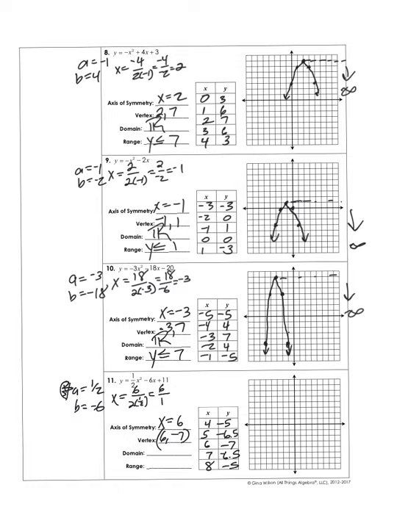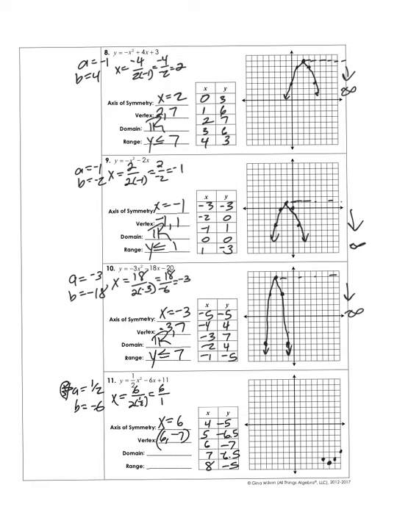6, negative 7, way down here. And we have 5, negative 6.5, so that's like right there. And then 7, negative 6.5, so like right there. 8, negative 5, 8, 1, 2, 3, 4, 5.